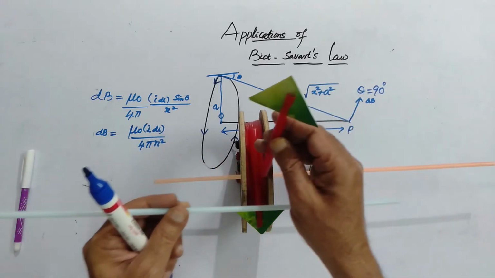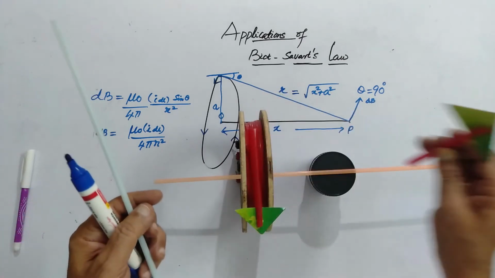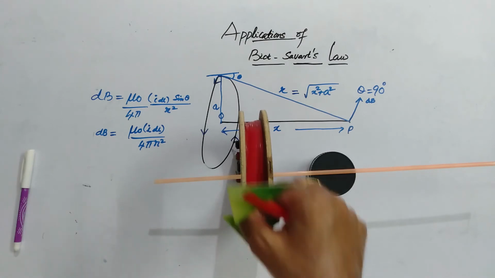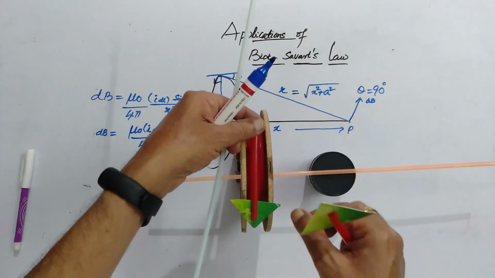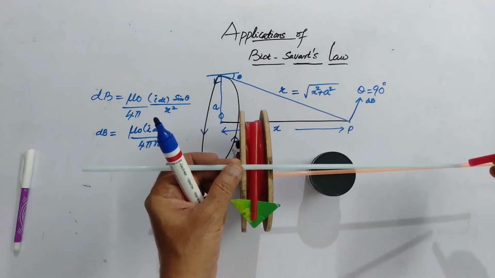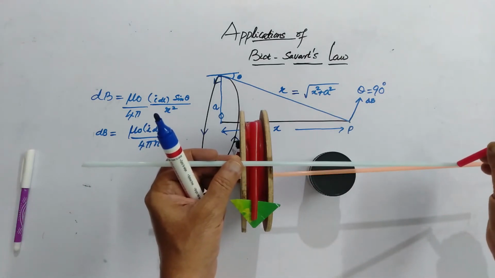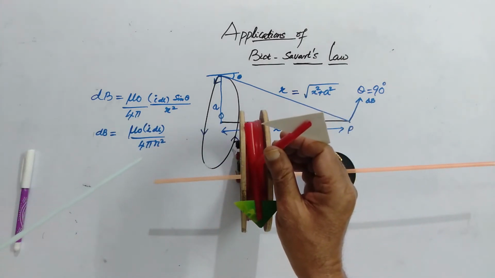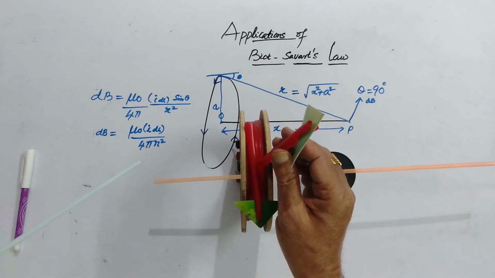At the same time, when I move it, this vector should be perpendicular, and this is also perpendicular with this vector.